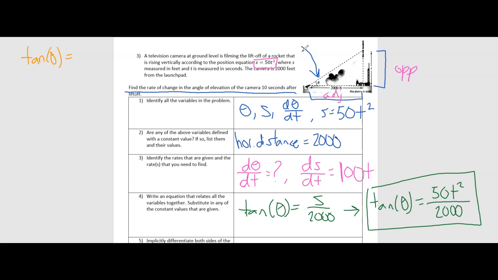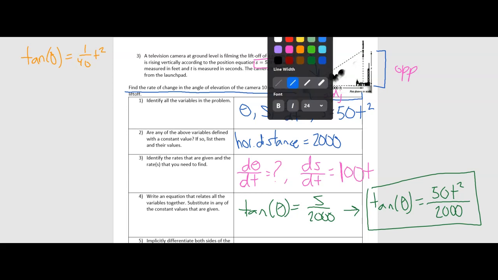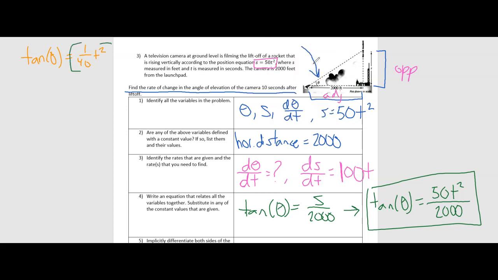Or you could just make it 0.025. That also works. I'm going to use 1 over 40 t squared. It'll just be easier when we use the power rule. And I need to take the derivative with respect to time.